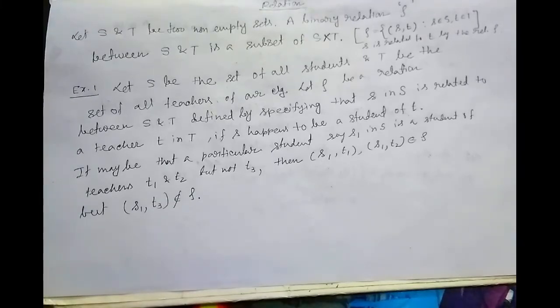And if S is not a student of T, then the ordered pair (S, T) does not belong to rho. Remember, rho is nothing but a subset of S cross T. Here S is the set of students and T is the set of teachers, and we call rho a student-teacher relation. Fine. I hope you can understand.